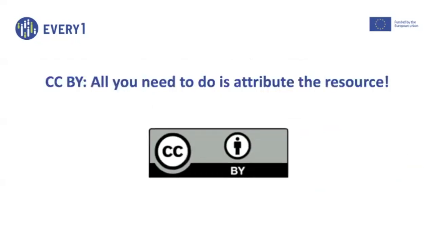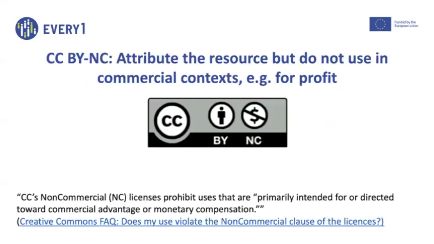First of all, it's CC BY, and as we mentioned a moment ago, this requires you to attribute the resource. So you can make changes to it, you can use it in commercial contexts, etc., but you do need to attribute the resource.